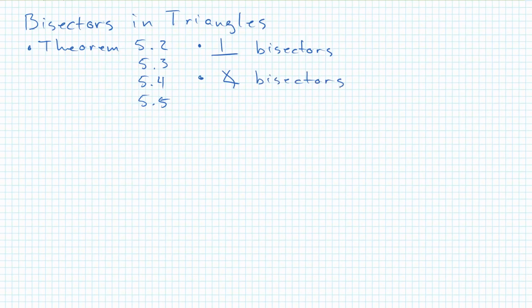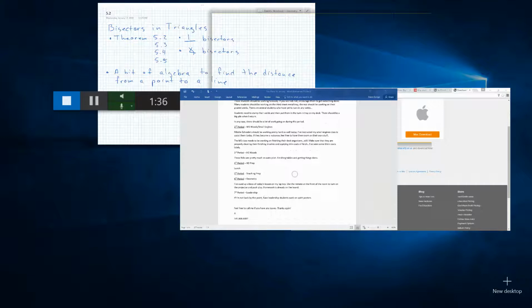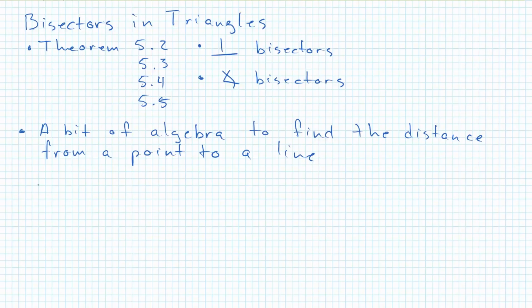And then once we've done all of that, then we're going to be using a bit of algebra to find the distance from a point to a line. Alright, here we go.